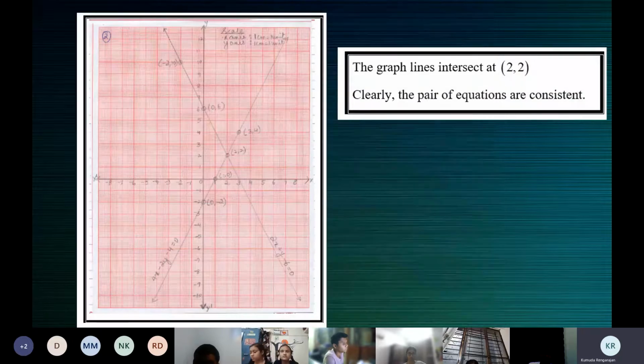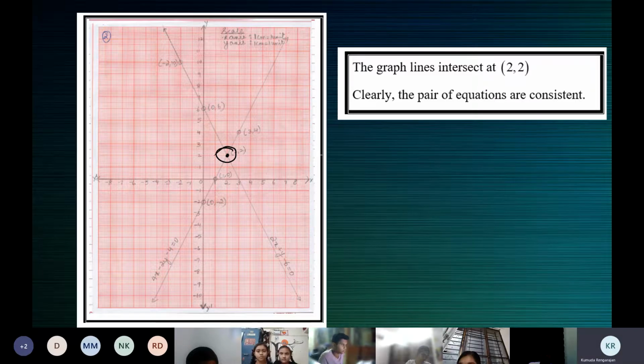When we plot the points, we get two intersecting lines. Intersecting lines meaning this is the solution. (2, 2) is a solution. So they have a unique solution.